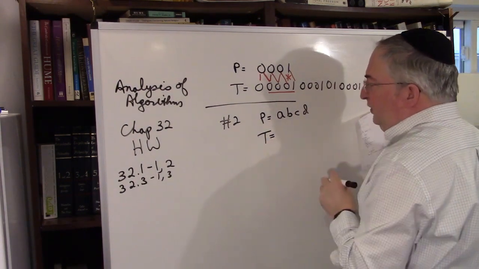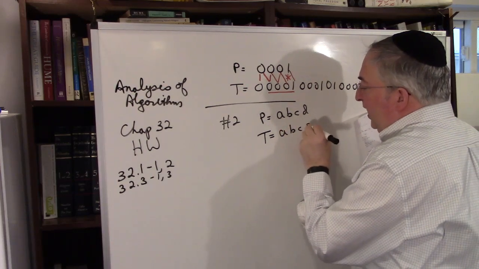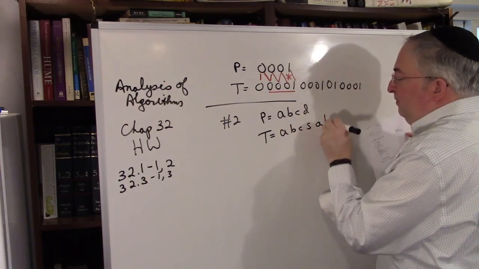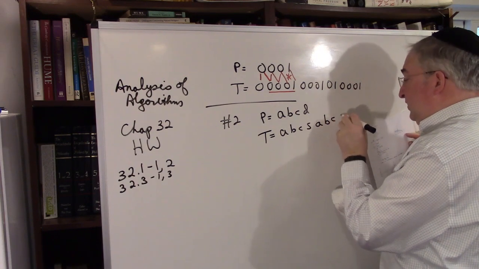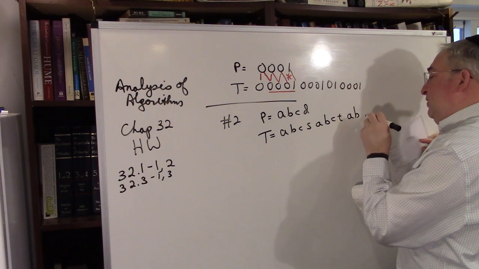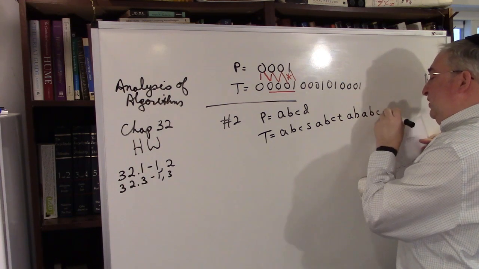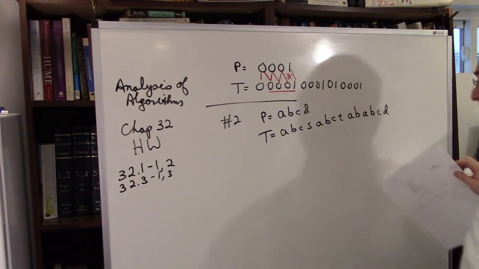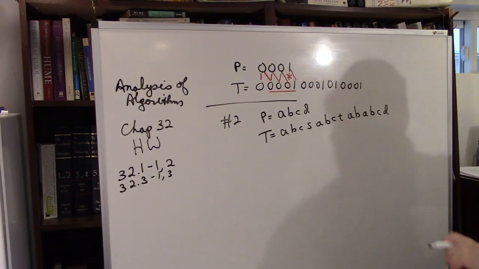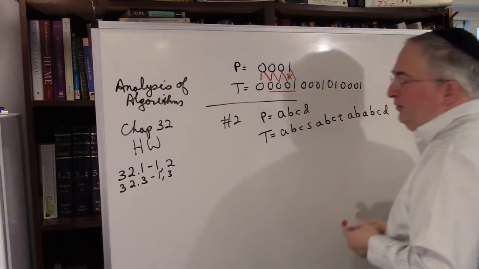Text is equal to A, B, C, let's say S, A, B, C, let's say T, A, B, then A, B, C, D. So let's see how this matches up, how we can do this in an accelerated way.